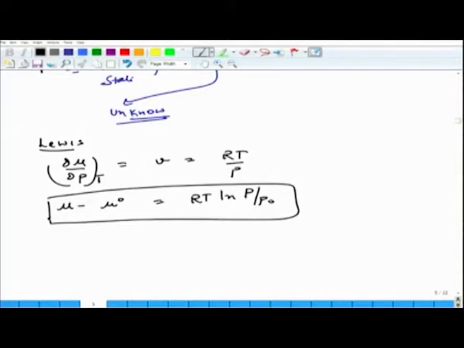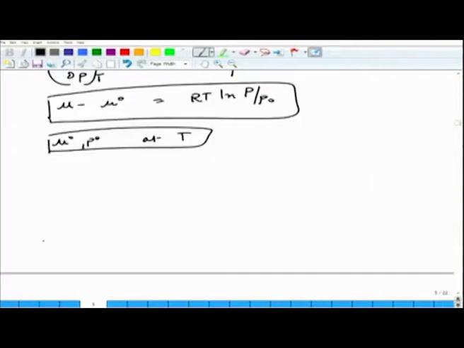But there is an issue. Note here that μ0 and P0 are at this particular temperature. All substances approach ideal gas behavior at very low pressure, or very high temperature.